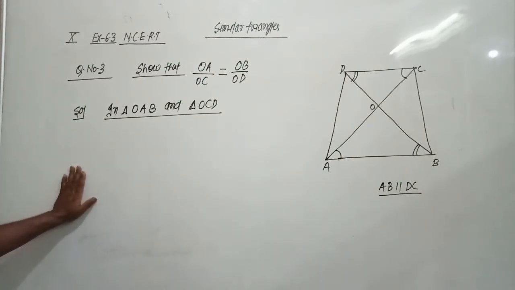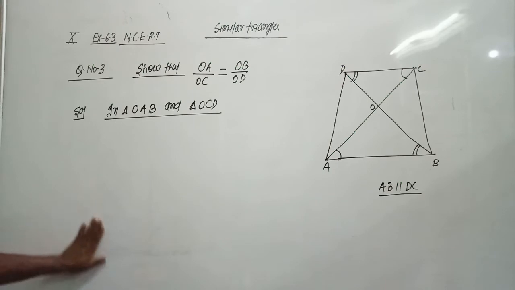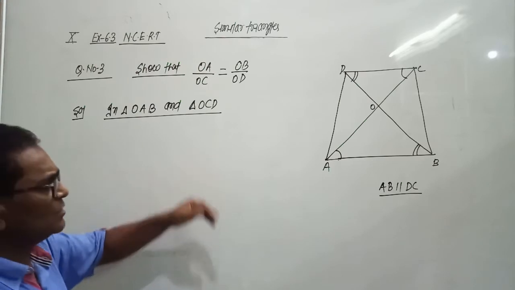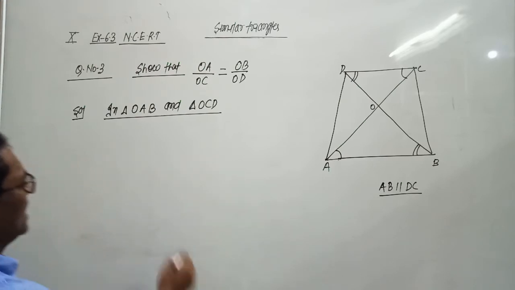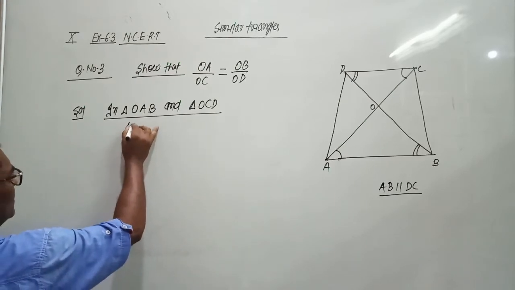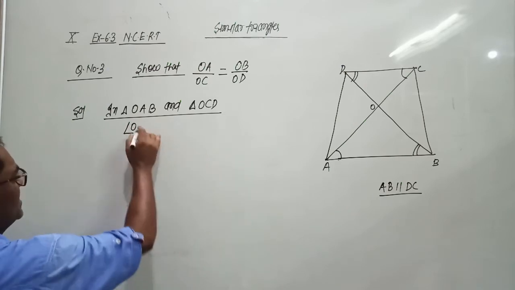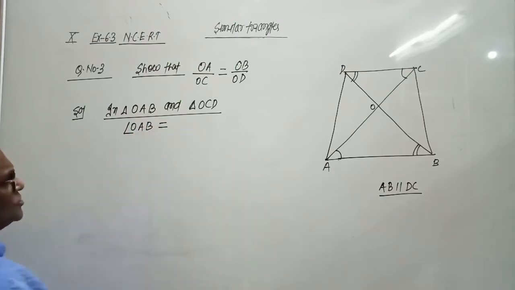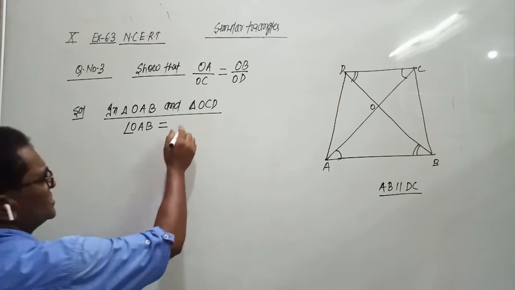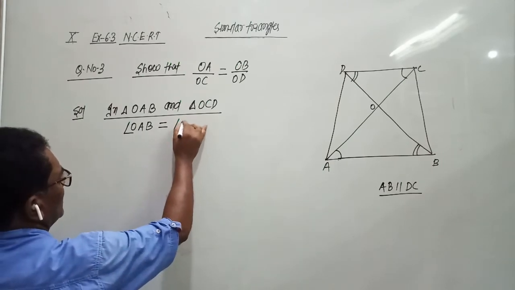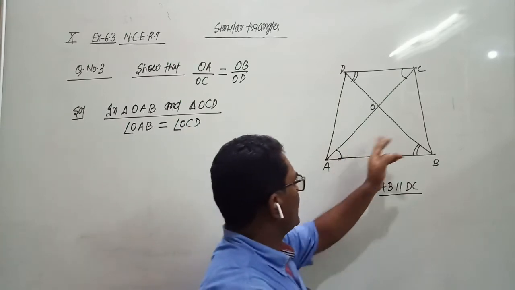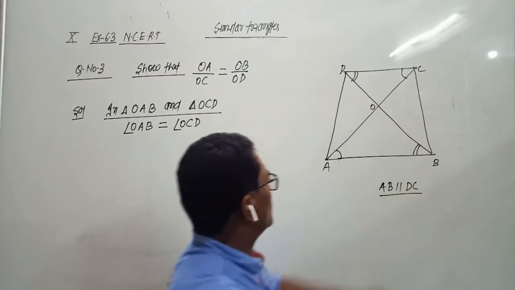So in triangle OAB and triangle OCD, angle OAB is equal to angle OCD.